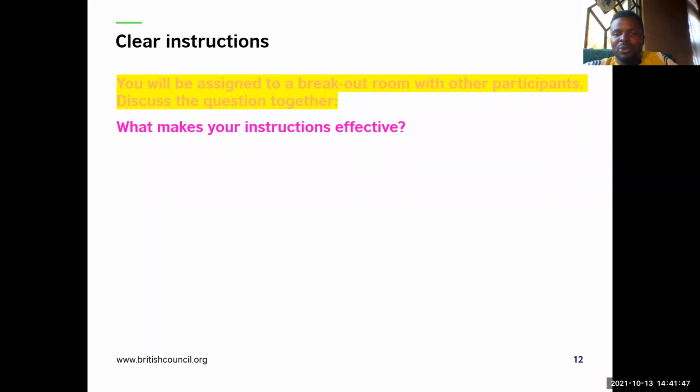And third, they should be relevant. When you give instruction to your students, ensure that those instructions are relevant to whatever topic or subtopic you want to teach in your subject matter. And the last thing is simplicity. They should be simple to help a learner follow whatever they should follow in a classroom situation. Thank you, and back to you.